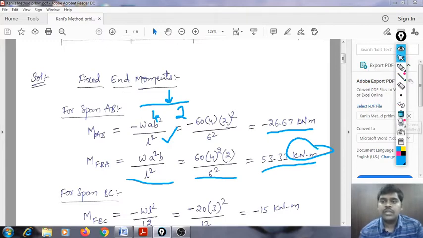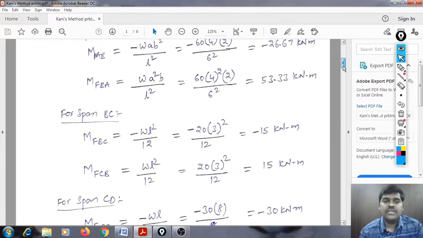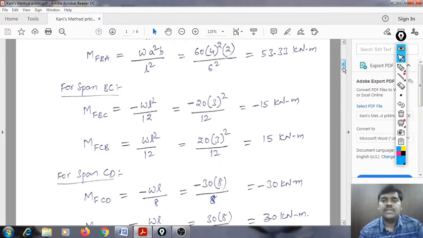Next, coming to span BC, this is a UDL of 20 kilonewton per meter.